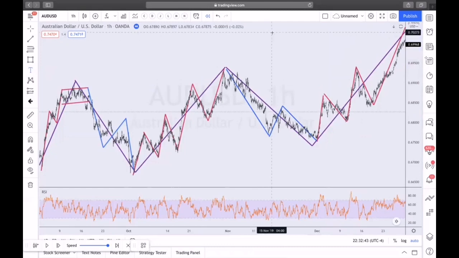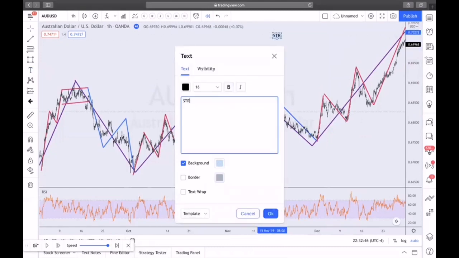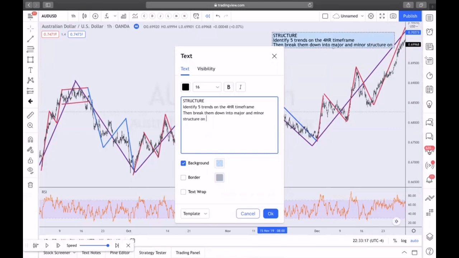So I'm just going to regurgitate this assignment right here before we go to the next part. So structure. What you're going to do for your homework and practicing this, you're going to identify 5 trends on the 4-hour time frame, then break them down into major and minor structure on the 1 hour and 30-minute time frame.